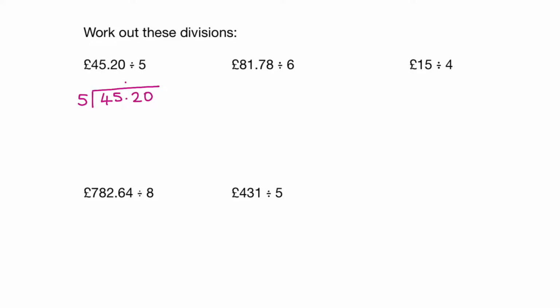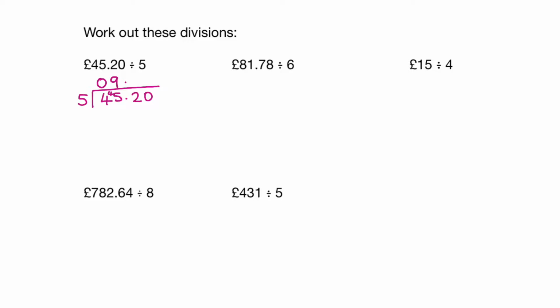So 5 into 4 doesn't go. So we have no 5s in 4, and we've still got that 4 left over. Now we're looking at how many 5s are in 45. So if you go to your 5 times table, you'll find out that's 9 exactly, so nothing to carry.